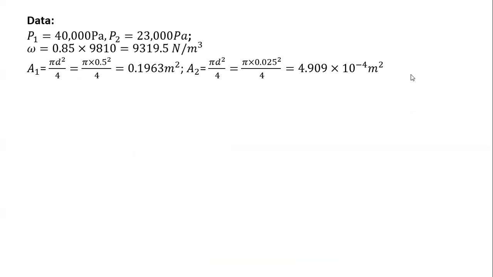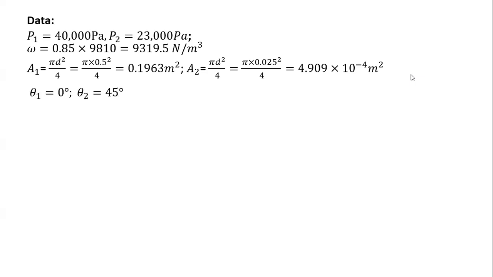So pi times 0.5 squared over 4. Where is the 0.5 coming from? We had 500 millimeters. If you convert it to meters, you divide that by 1,000, your answer is 0.5. So we have 0.1963. Area 2, we say pi times 0.025 squared over 4, and it's 4.909 times 10 to the negative 4.